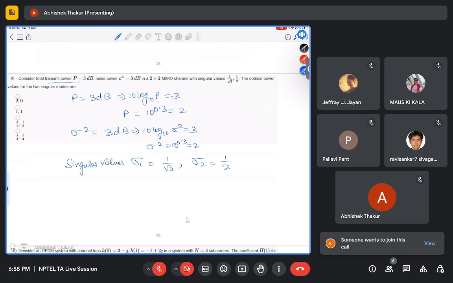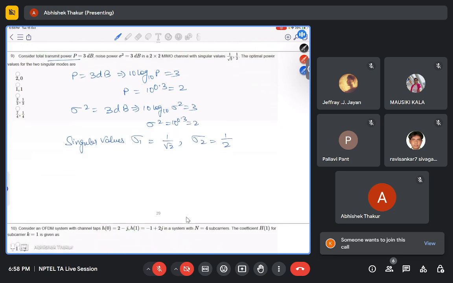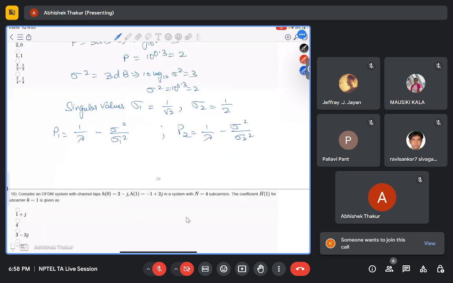The optimal power values for the two singular modes are: we have already studied that the optimal power value P1 is 1 by lambda minus sigma square by sigma 1 square, and for P2 it will be 1 by lambda minus sigma square by sigma 2 square.